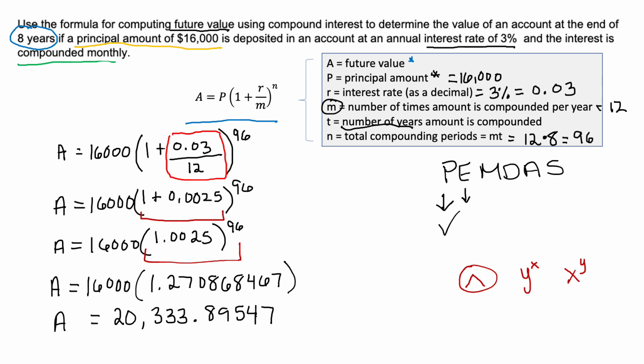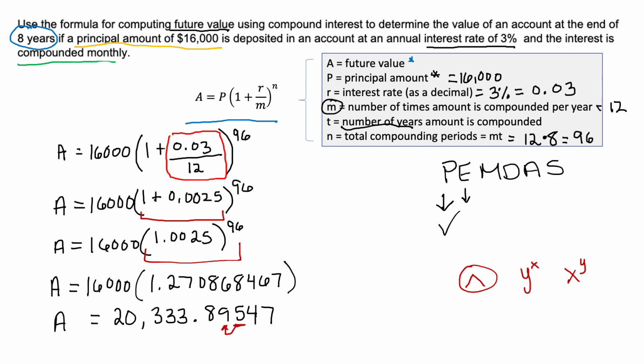Now, since it's a monetary value, we're going to round to the nearest cent. That means 2 decimal places. So in order to round to 2 decimal places, we look at the value in the 3rd decimal place, which is a 5. Since the 5 is greater than 4, that means that the value next to it is going to round up.